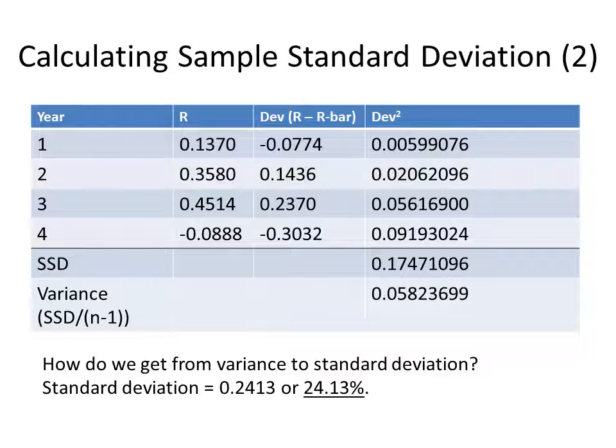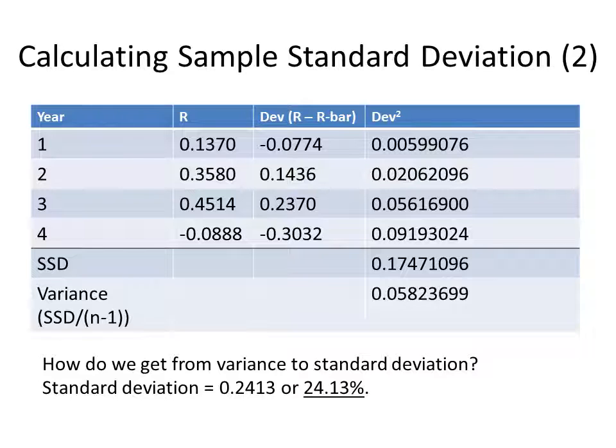But is variance what we were looking for? No, we were looking for standard deviation. So how do I get from variance to standard deviation? It's quite simple. You just take the square root. I believe you have a button on your calculator for that. So just hit that button. And you're going to find out that the standard deviation is 0.2413.